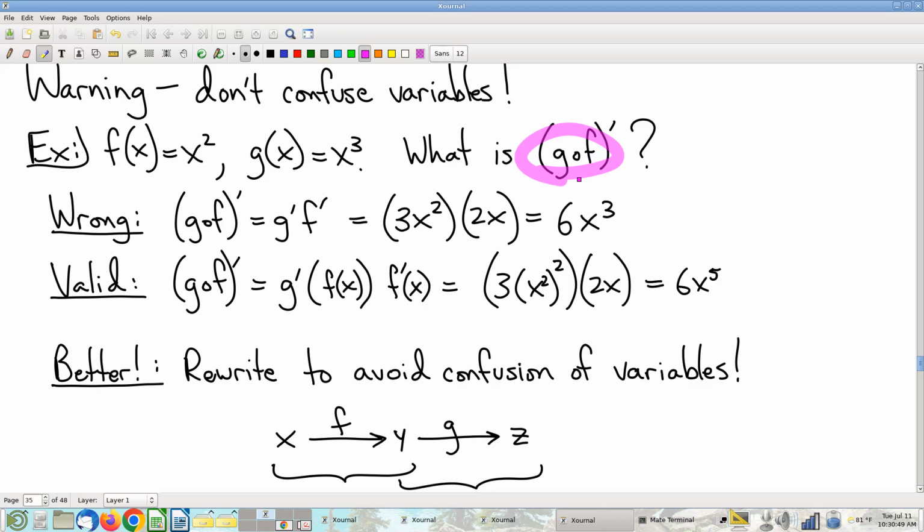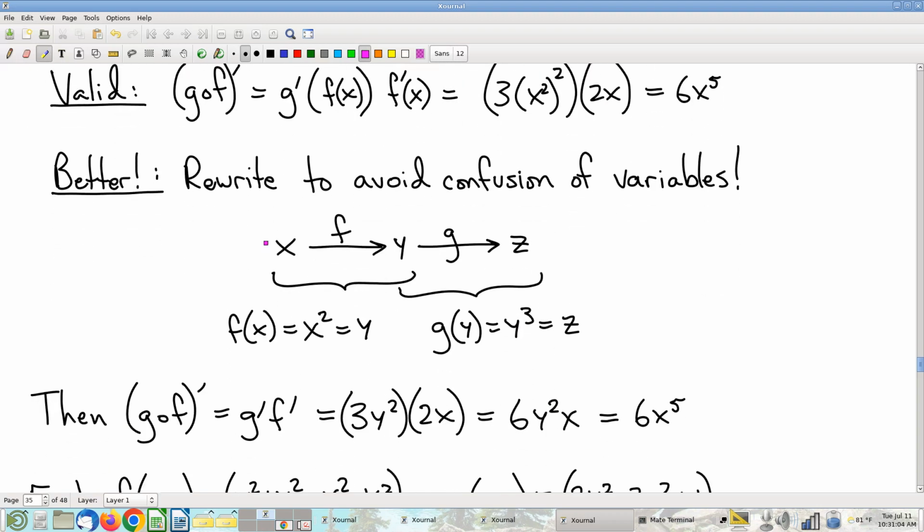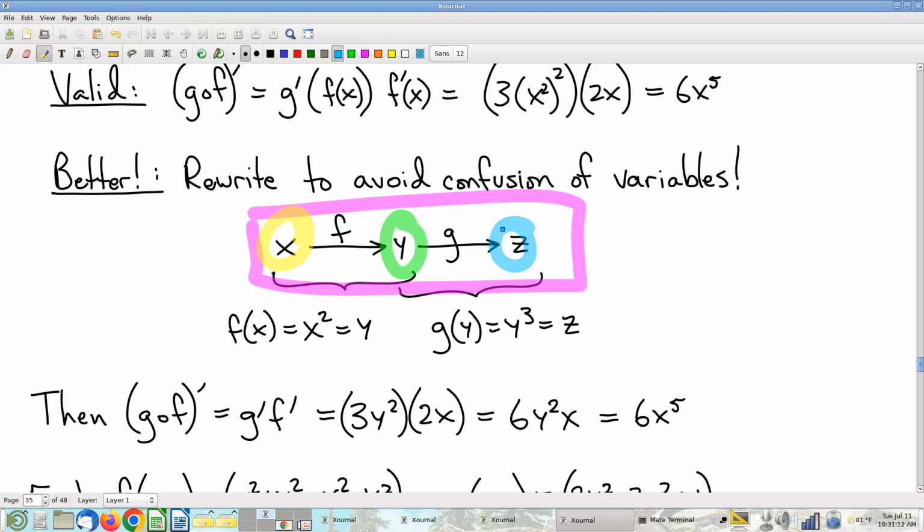It's your job, as the student in this context and outside of this course as the person conducting the calculation, to realize that when you compose functions, if you want to have unconfused variables, unambiguous and distinct names for what you might call the input, the intermediate, and the eventual output, they need to all have different names because they're all playing different roles.